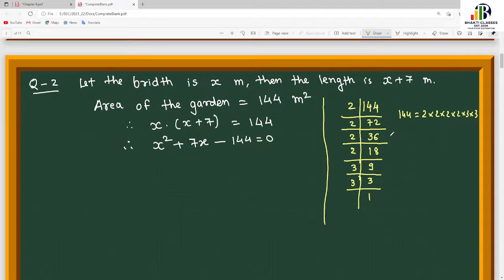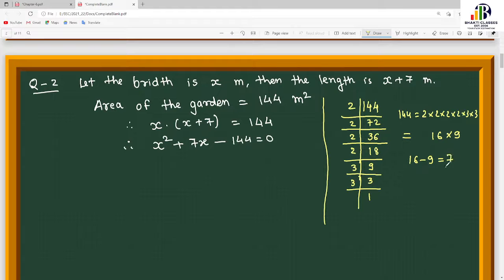Now I require two numbers whose multiplication is 144 and the subtraction is 7. So we can consider 3 3s are 9 and this is 16. Okay, if I subtract 9 from 16, I will get 7.